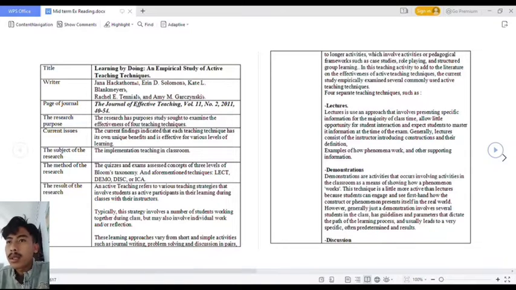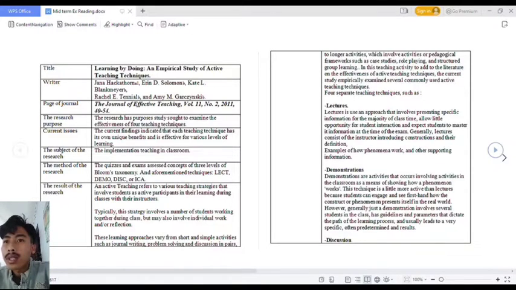The research has proposed studies to examine the effectiveness of active teaching techniques. The current issues: the findings indicated that each teaching technique has its own unique benefits and is effective for various levels of learning.